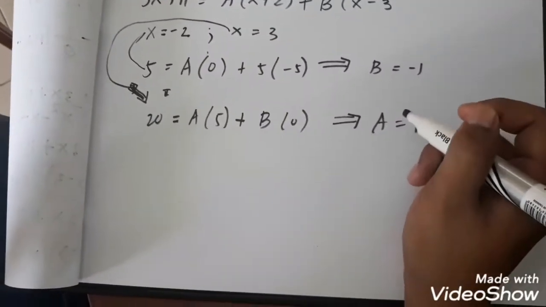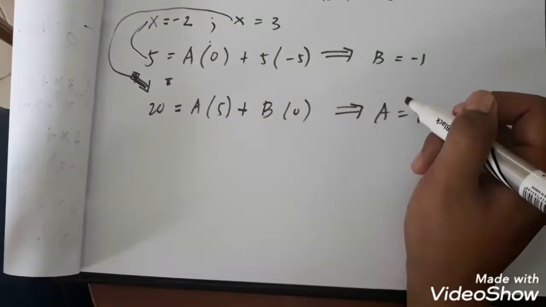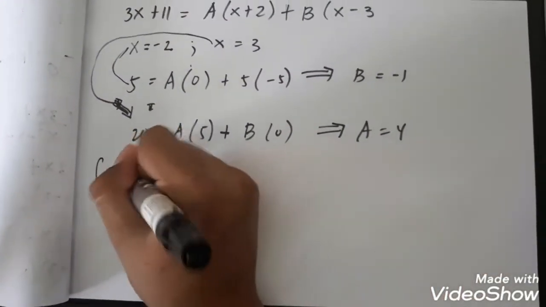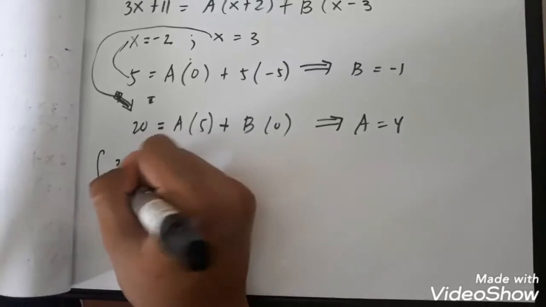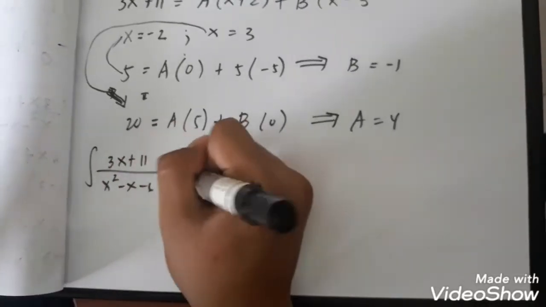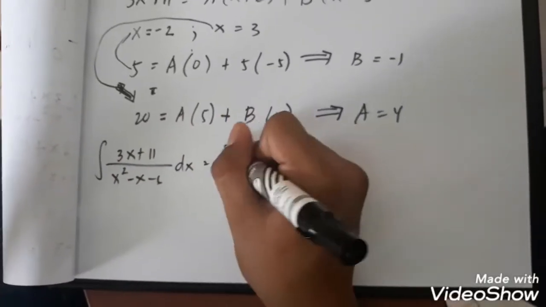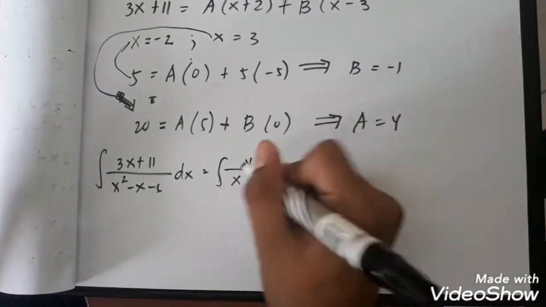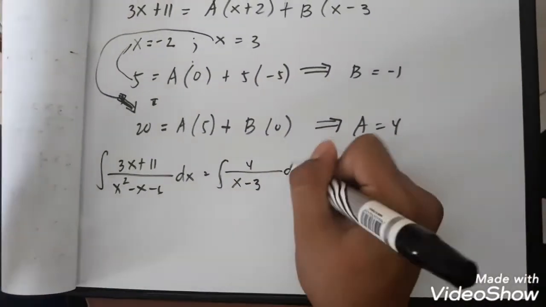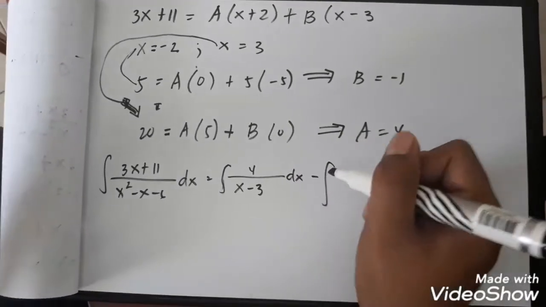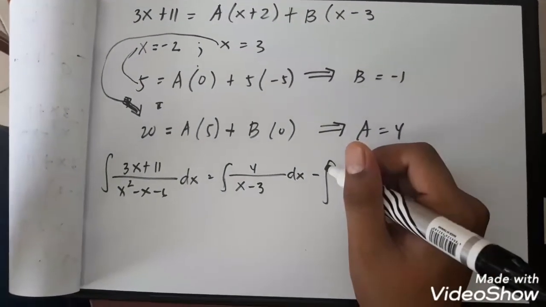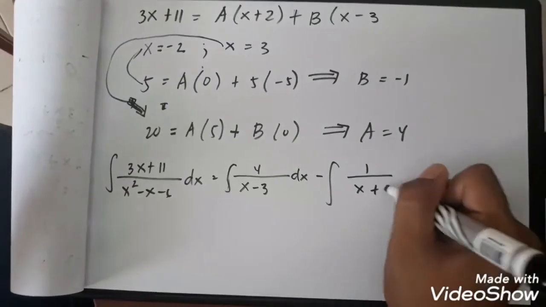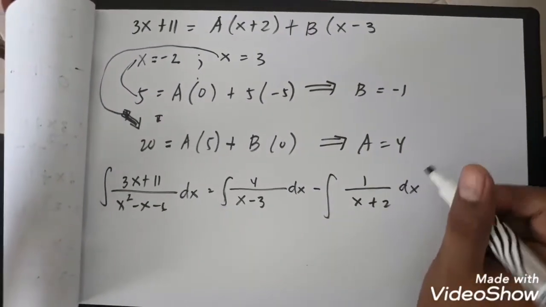So at this point, there really isn't a whole lot to do other than to integrate. So let's integrate this: the integral of (3x plus 11) over (x squared minus x minus 6) dx. So it equals the integral of 4 over (x minus 3) dx minus the integral of 1 over (x plus 2) dx.